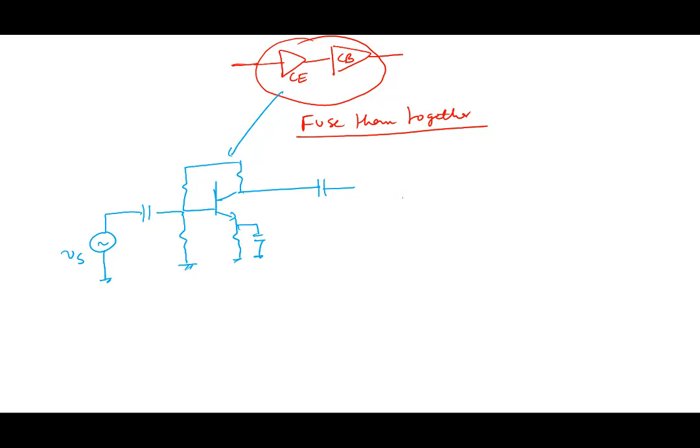So let's say we connect it like this, to the output here. This is the common base stage. So this is the common emitter and this is the common base, right? We are thinking that would be a simple connection.